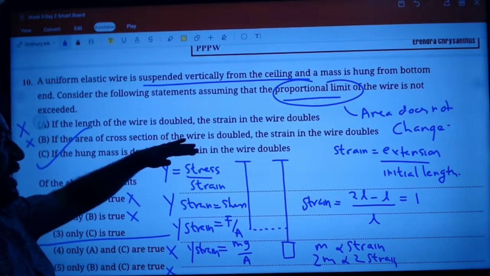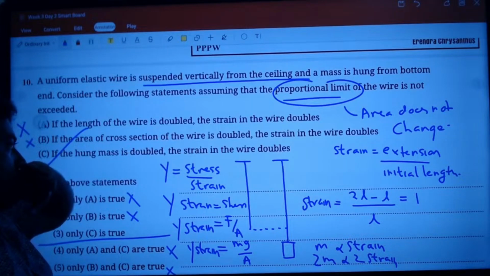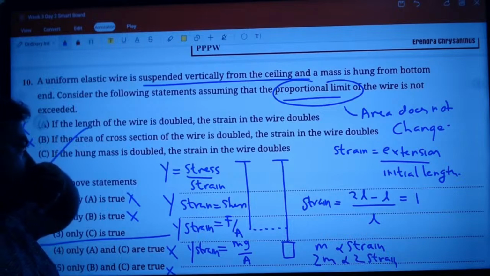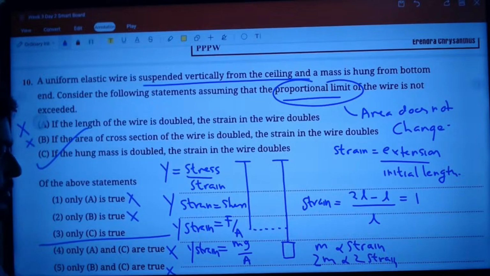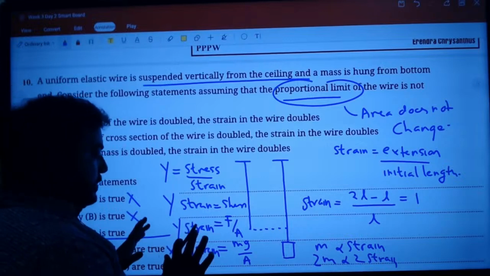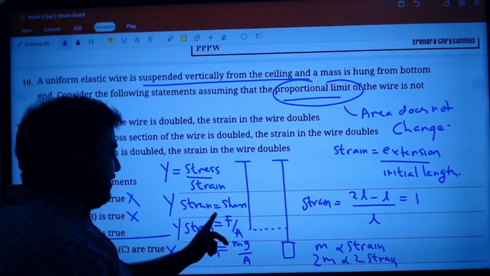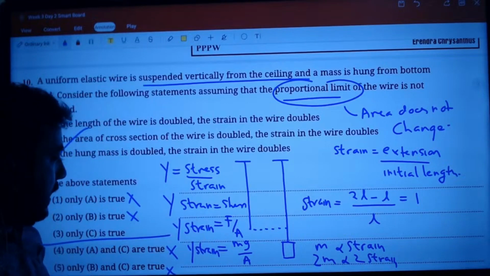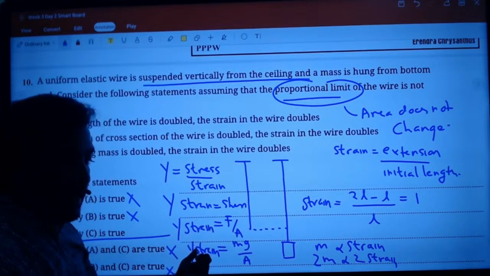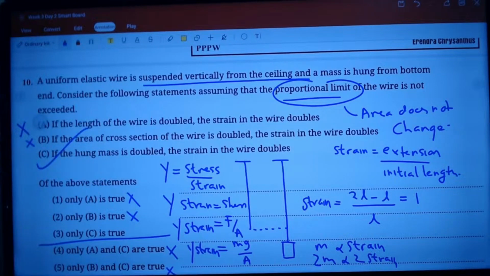The cross-sectional area is related to strain, but inversely. If the area increases, strain will reduce.